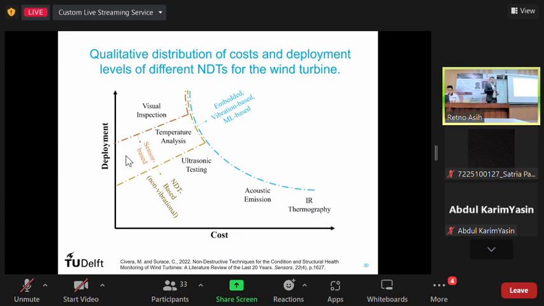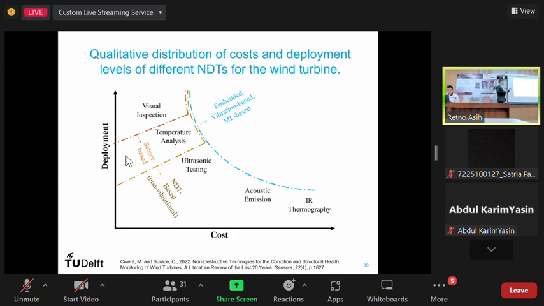Depending on what you want from your health monitoring system, you have to make some decisions, some choices. Here is the deployment time. The higher the deployment time score, the better it is, because we want to make it easy to deploy. We want to have a fast deployment process.